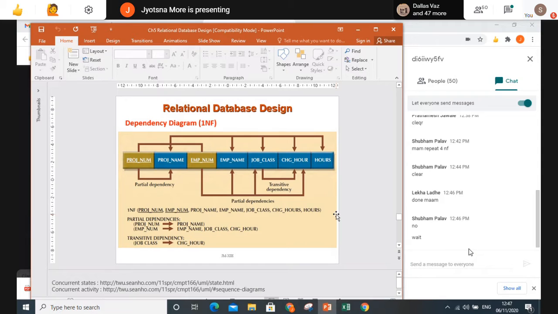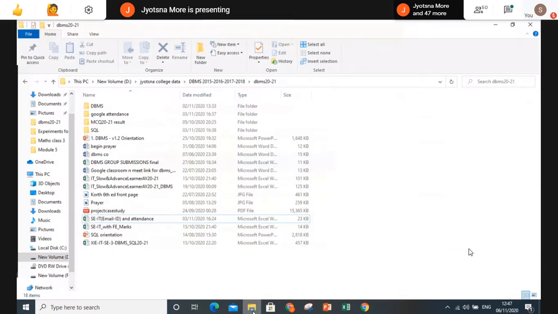Okay, who will tell me now which is the candidate key over here? Which is the candidate key in this given diagram? I'll just show you that question.